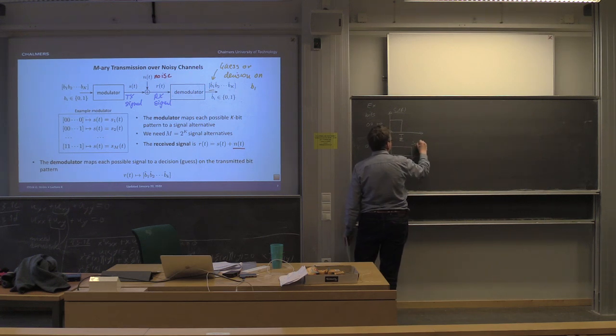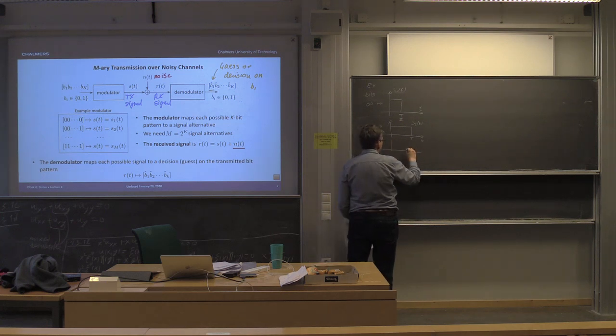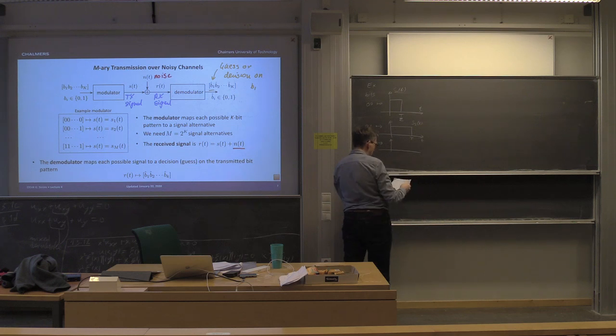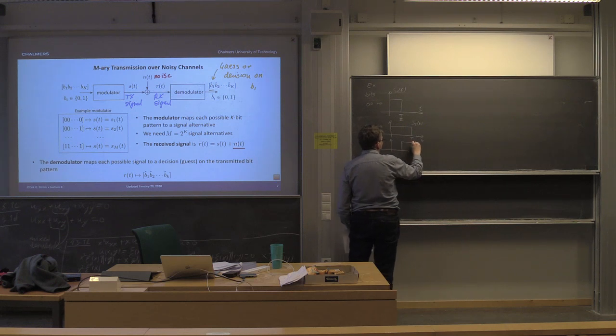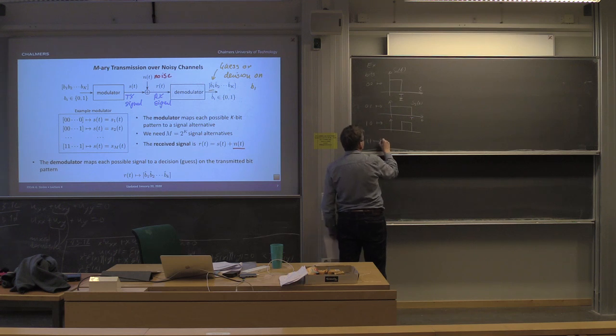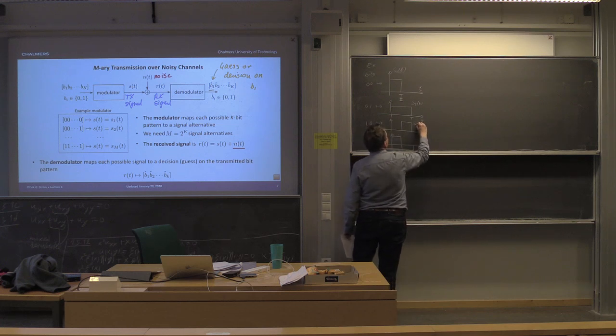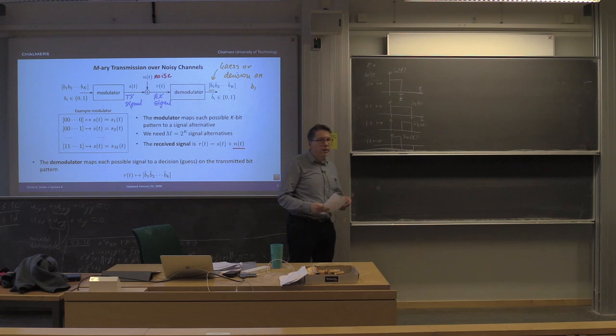So this is S2 of t. And then we have 1, 0. It's mapped to, I don't know, maybe this. And then we have 1, 1 being mapped to maybe something that looks like this. This is S3, this is S4. So you get the basic idea, right?